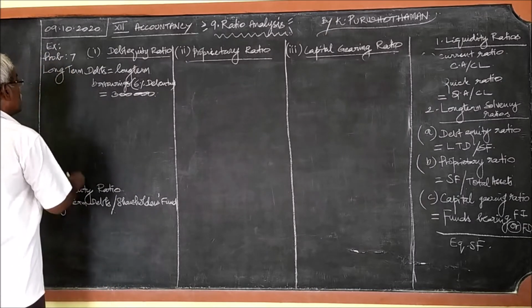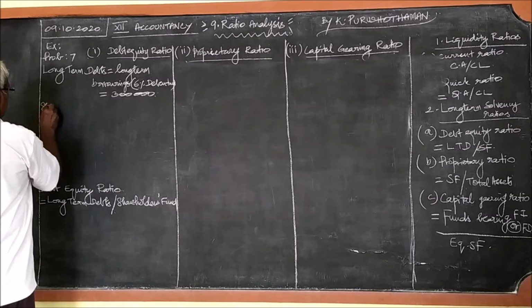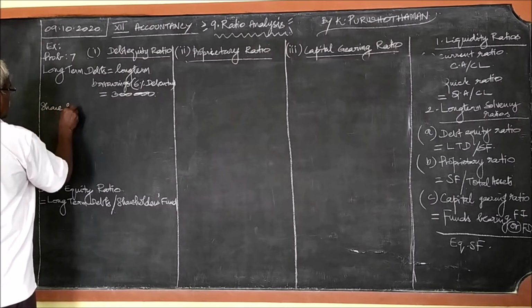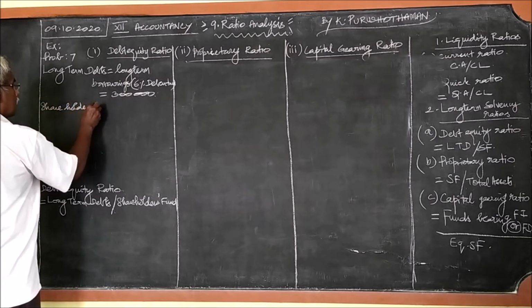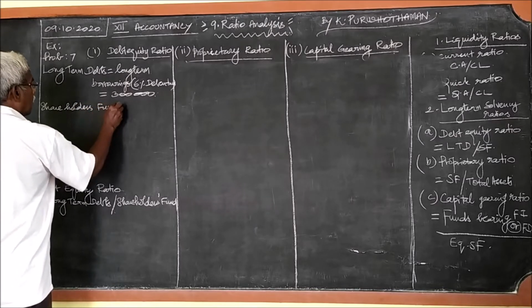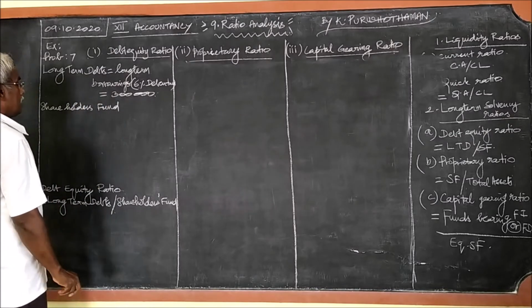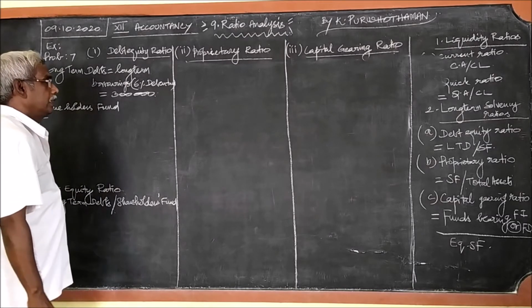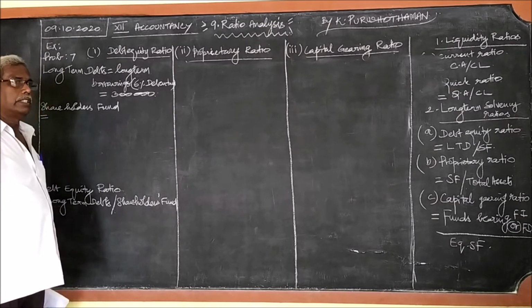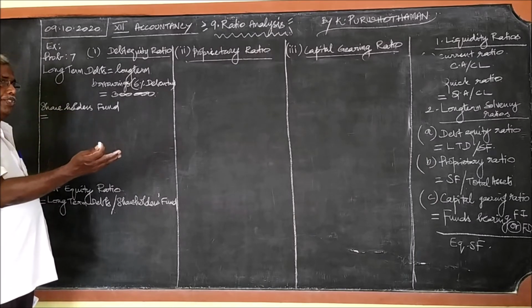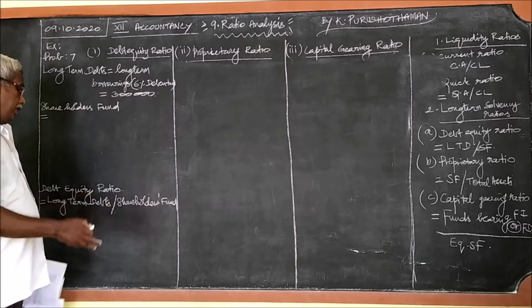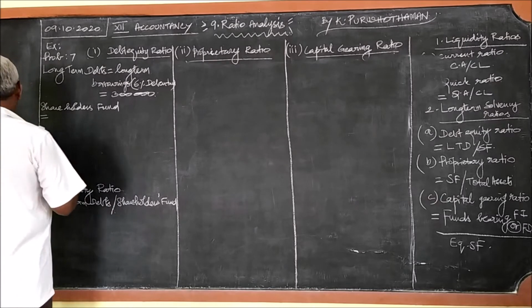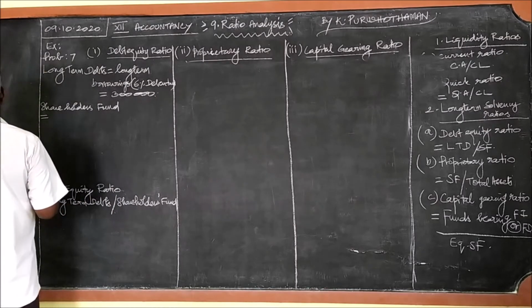Denominator, shareholders fund. What are the items coming under shareholders fund? Just now I said all types of shares given plus reserves and surplus. So what are the types of shares given?